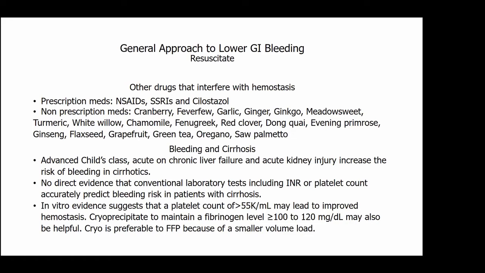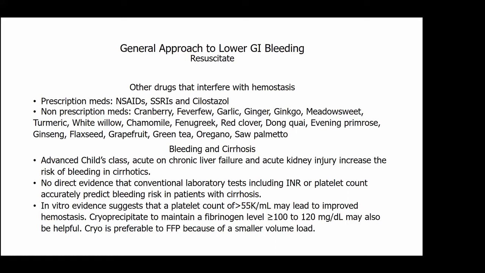Bleeding in the cirrhotic patient is another unique problem. Advanced Child's class, acute on chronic liver failure, and acute kidney injury increase the risk of bleeding in cirrhotics. There's no direct evidence that conventional laboratory tests, including the INR or platelet count, accurately predict bleeding risk in a cirrhotic.